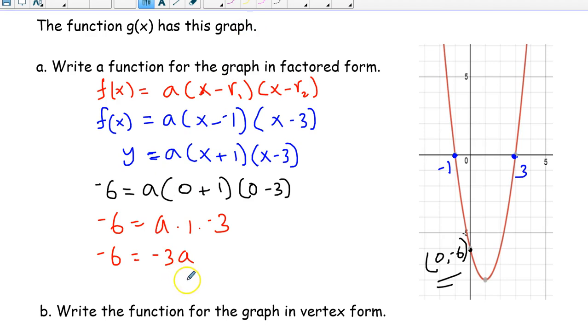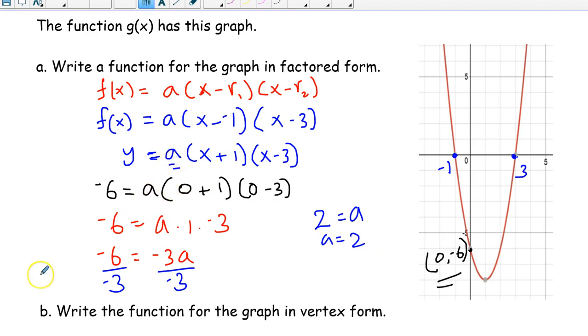Now I want to make this a by itself. How do you do that? Just divide by -3 so that a will be by itself. Okay, now what do you have here? -6 divided by -3 is 2. 2 is equal to a, or a is equal to 2, and this value of a equal to 2 goes here.